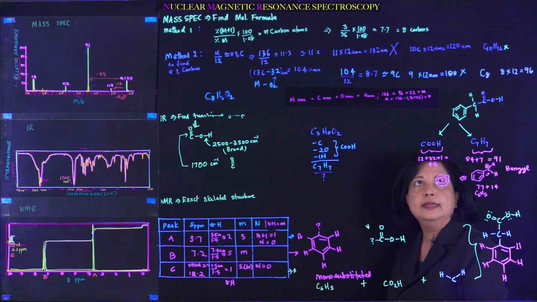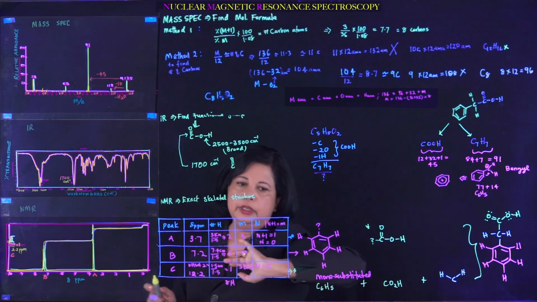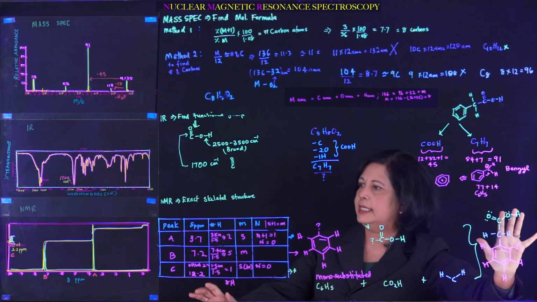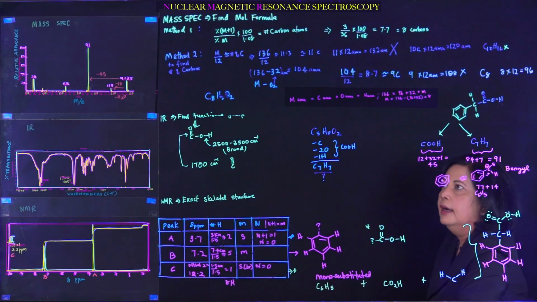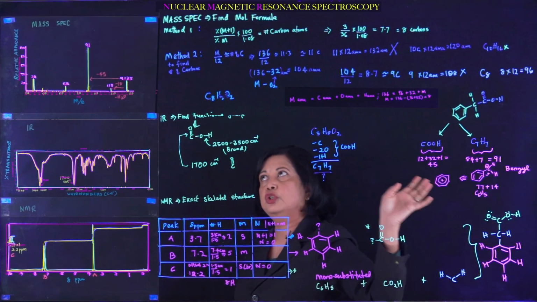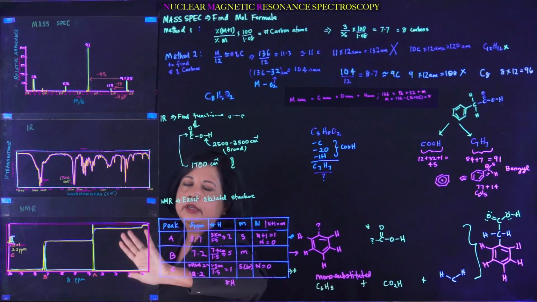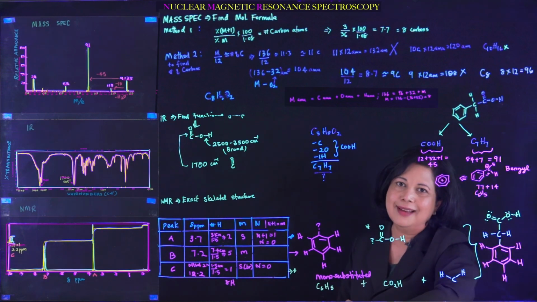Phenylacetic acid. That's exactly what you got using your mass and your infrared. This was basically kind of corroborating our data here. So we know that this is the structure. Given the 3 spectra here, we are both coming to the same conclusion that it is phenylacetic acid.